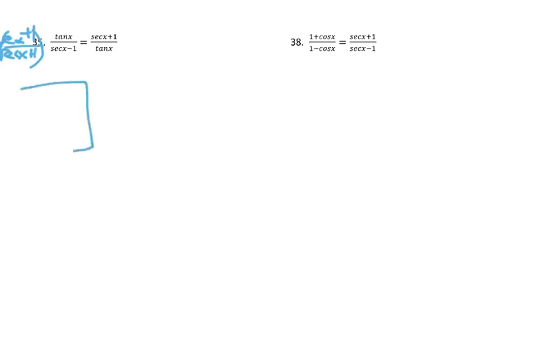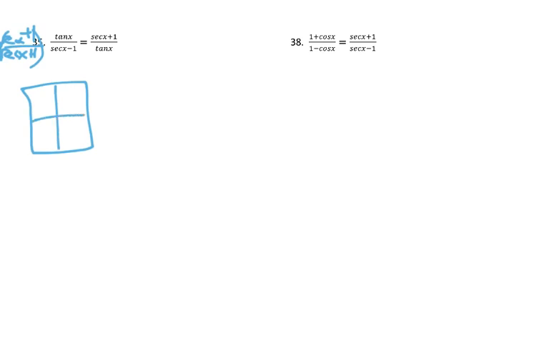All right, and then our last two, thank heavens. The next one is going to be multiplying by a conjugate. Hopefully you can see here in the denominator you have secant x minus 1. So I'm going to multiply this side by secant of x plus 1 and secant of x plus 1, so that we can get our common denominator.